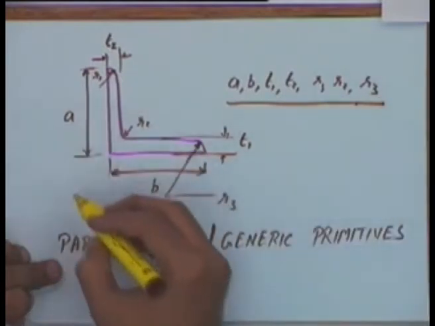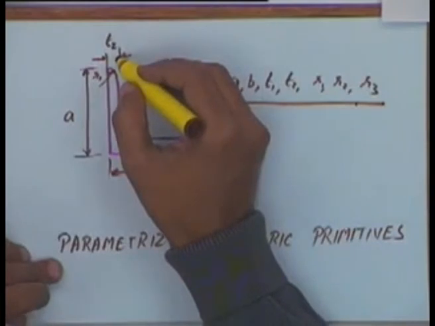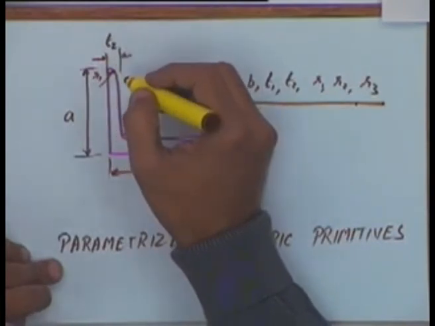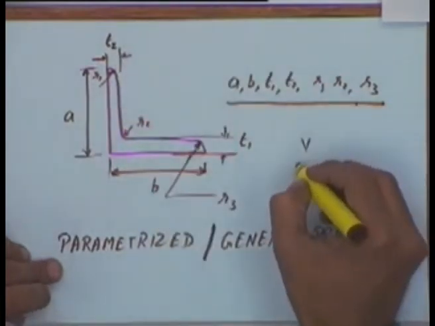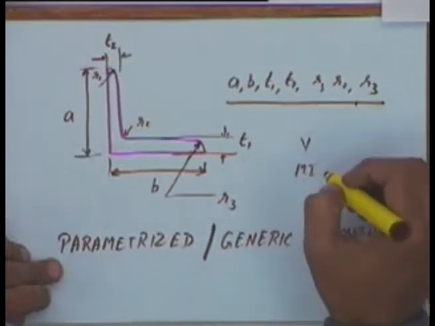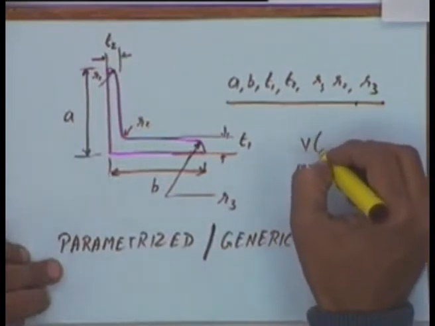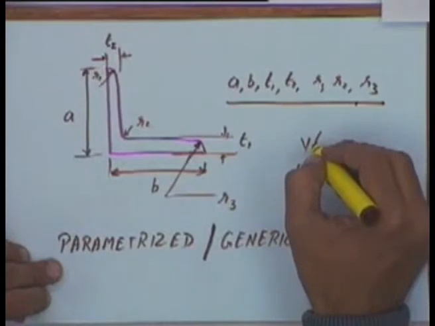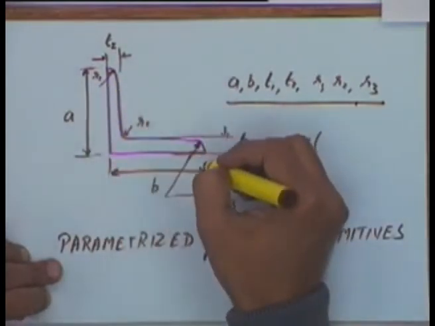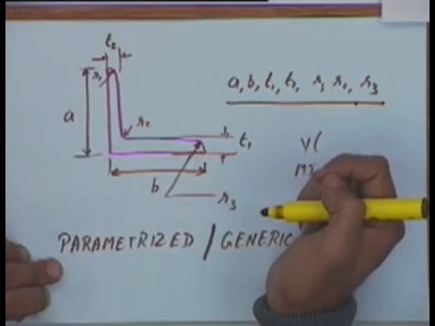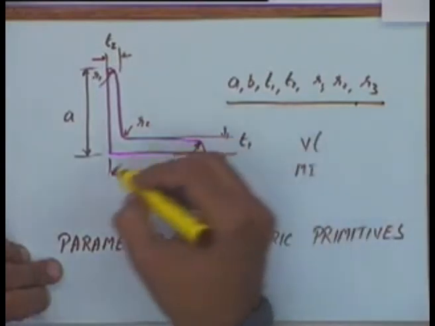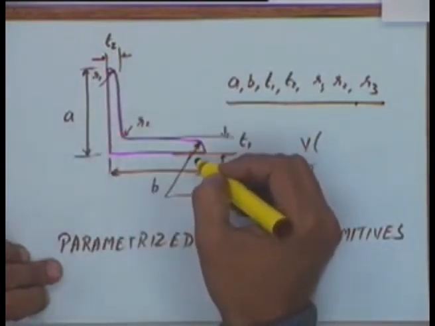And if you want to find out any property of this primitive, either the volume or the moment of inertia, we can compute it with the help of some formula which can be known to us. For finding out the volume, I need not carry out a complex integration.